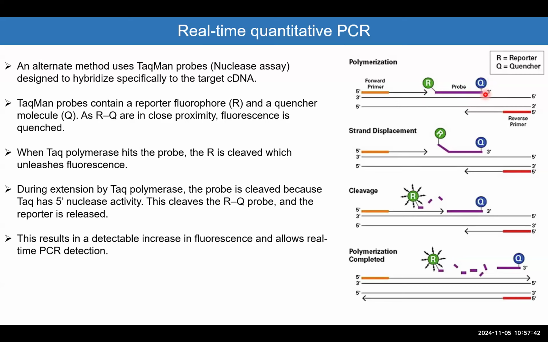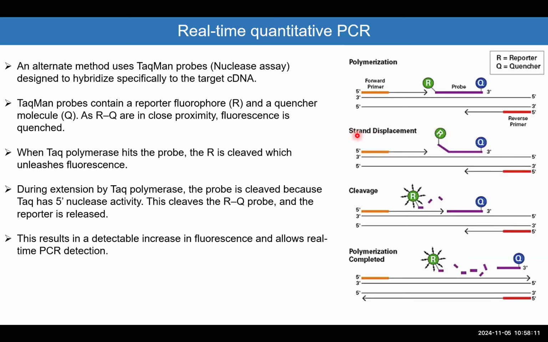Then you design primers that are specific for that gene, and you start the process of amplification. When the polymerase starts polymerizing the strands, it will reach the probe, where the probe is bound to the DNA.